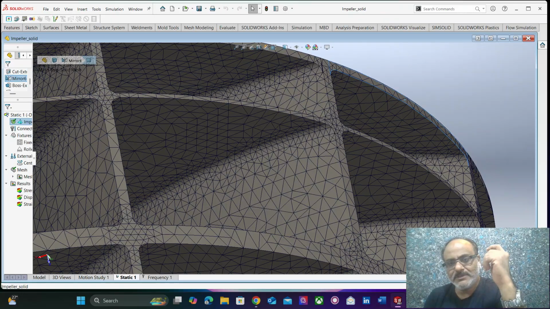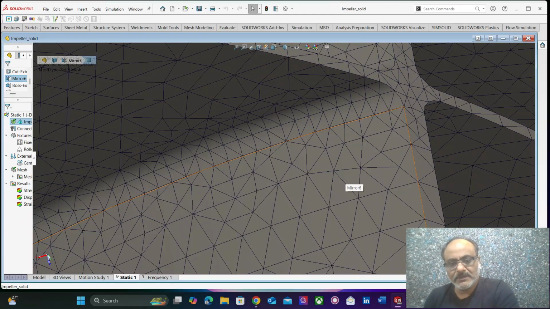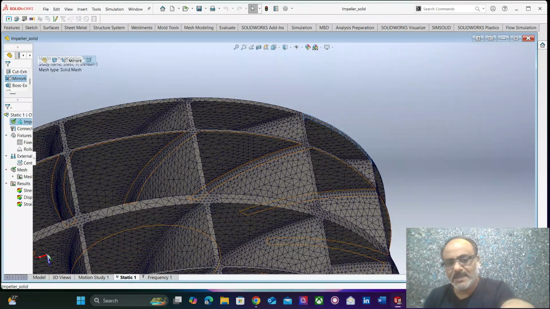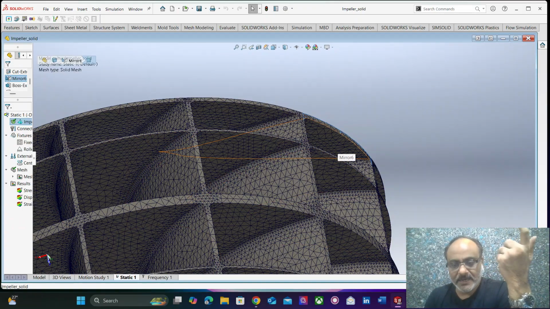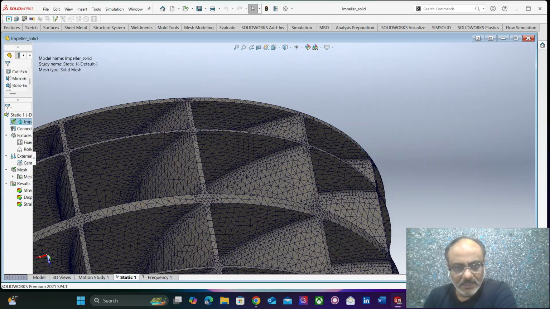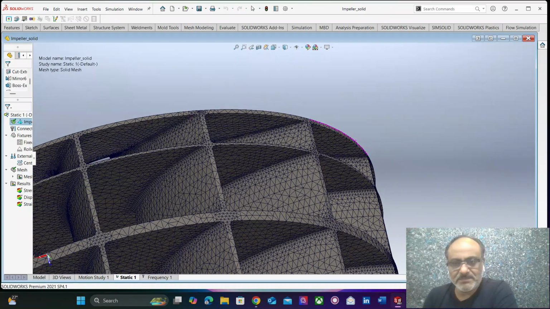If I apply a force of say 180 newtons, that 180 newtons will be distributed all across these elements. Whatever triangular elements you see here are not triangular because this is a solid; they will be tetrahedrons. So now force divided by the stiffness matrix will be equal to the displacement matrix. So that's the principle here.